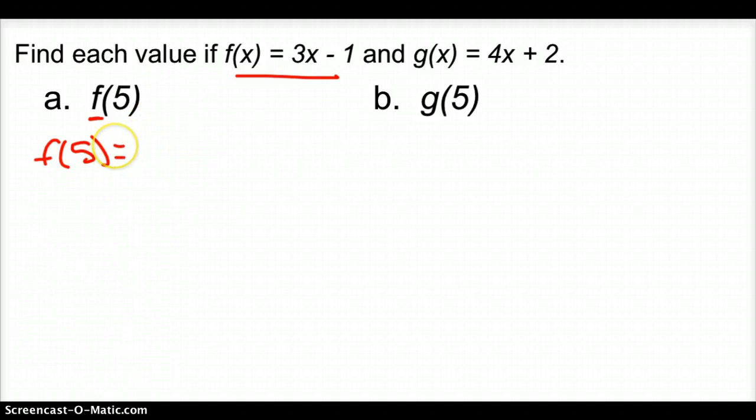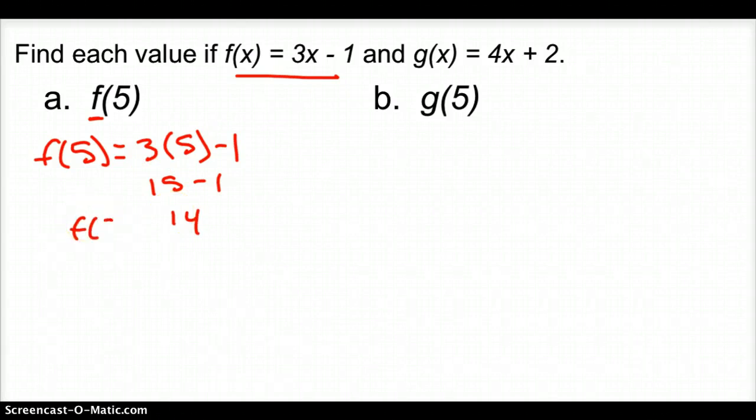It's not illegal, but it is how a lot of mathematicians write it. So if we put 5 in for that x, what are we going to put in for our x over here? It's just going to be another 5. So it's 3 times 5 minus 1. All I did was put this 5 in for that x, and so now we solve. We have 15 minus 1. That simplifies to 14. And so f of 5 equals 14.